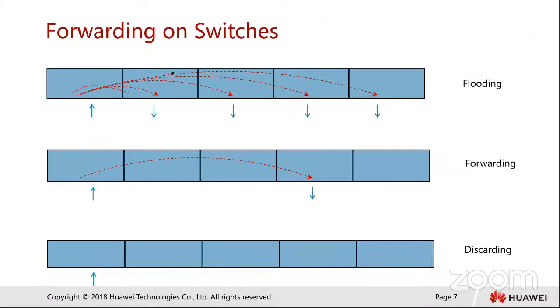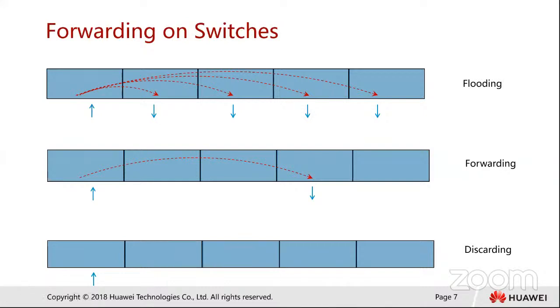It will send the packet to all the interfaces of the switch. But if the MAC address is found in its CAM table, it won't waste time. It will just forward the packet to the intended destination. Or if it is the same interface, then it will process the packet. Otherwise, if none of those conditions are met, it will discard the packet.